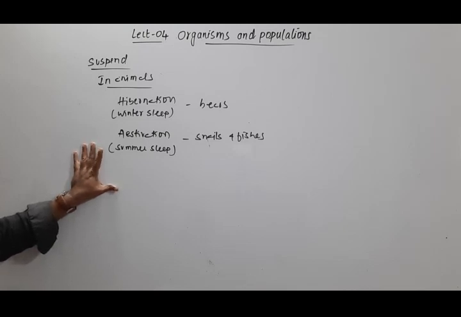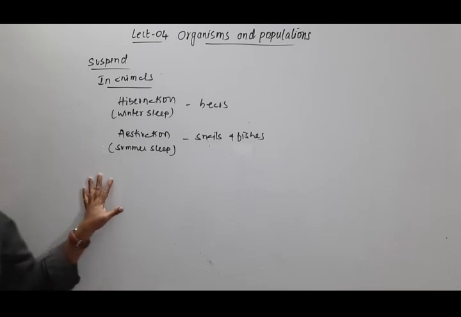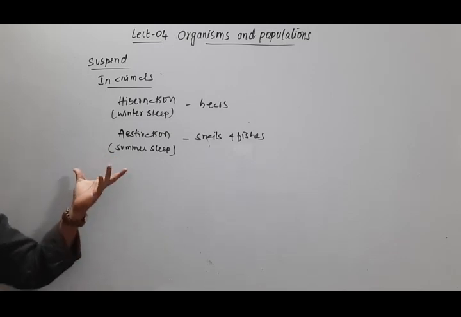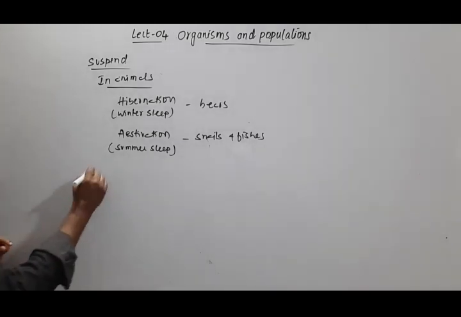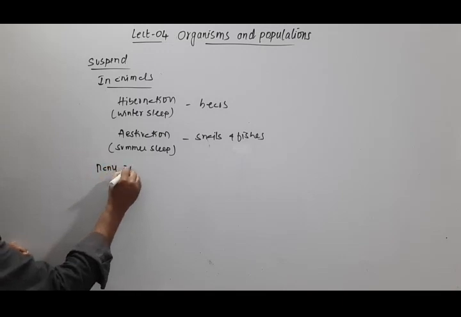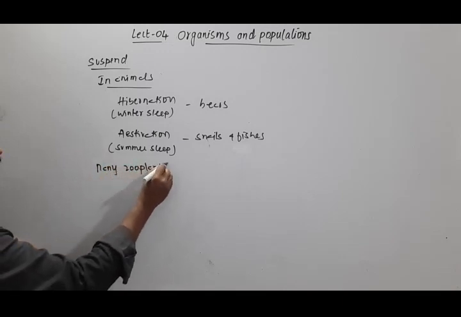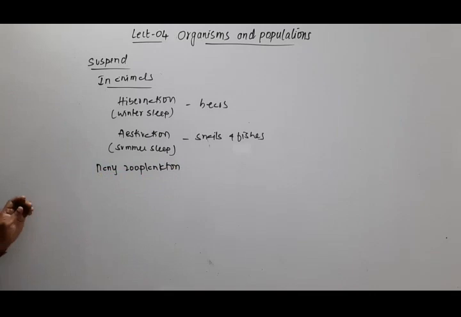So here estivation, which means the summer sleep, is an escape in time to get less effect of unfavorable conditions, right? Now in case of smaller organisms or smaller animals, many zooplankton organisms.